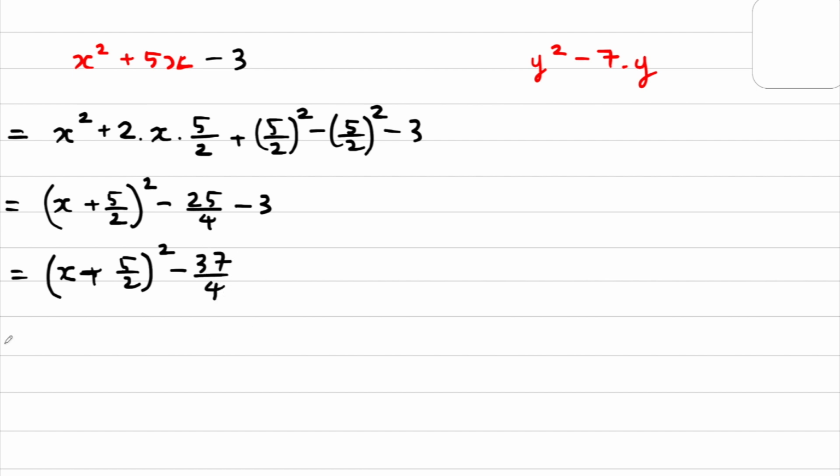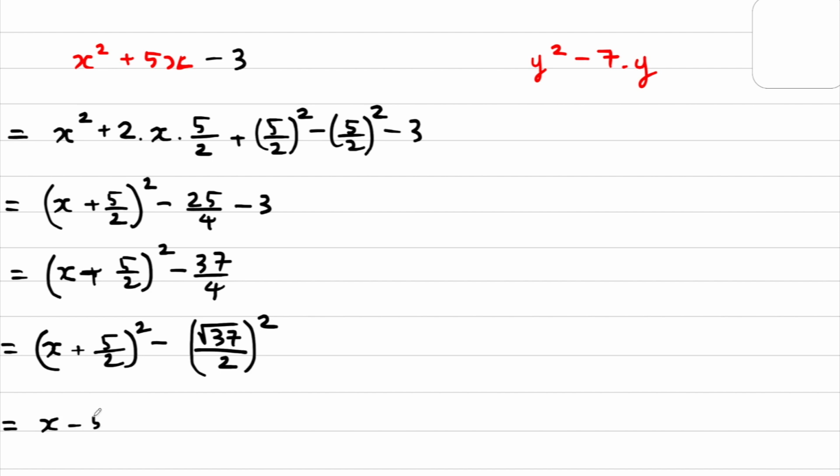About this writing, you have a non-square number, so I need to convert it to the square, like square root of 37 over 2. All of this one will be squared outside. Outside will be the square, outside this bracket. Okay, the difference of squares, you set up already the form.